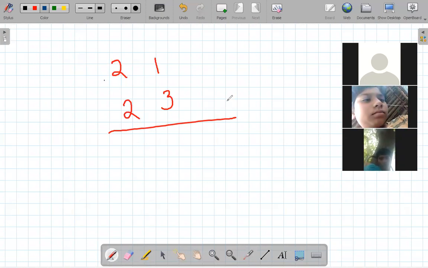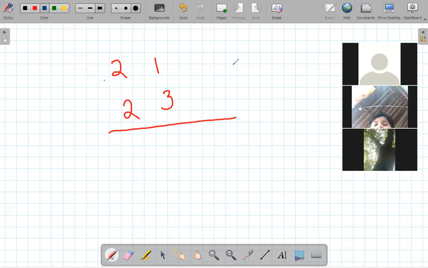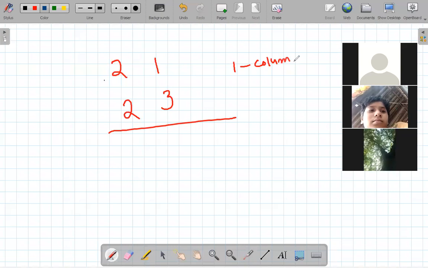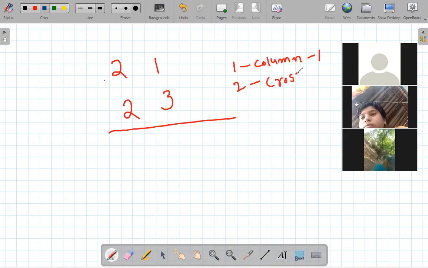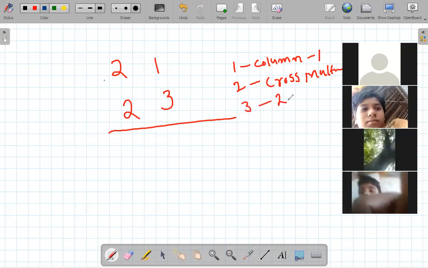What is the first step? First step, first column. Second step, cross multiplication. Third step, what is the third step? Second column, isn't it?